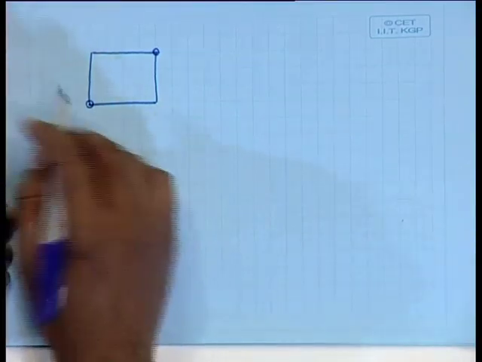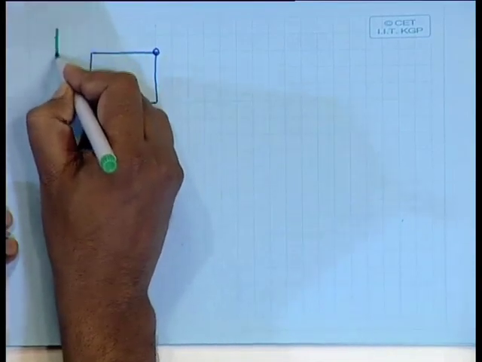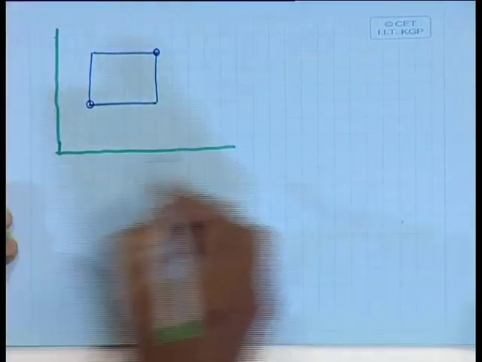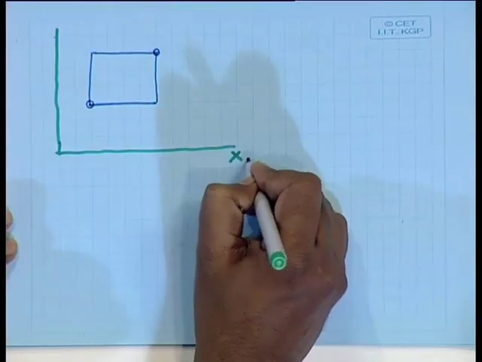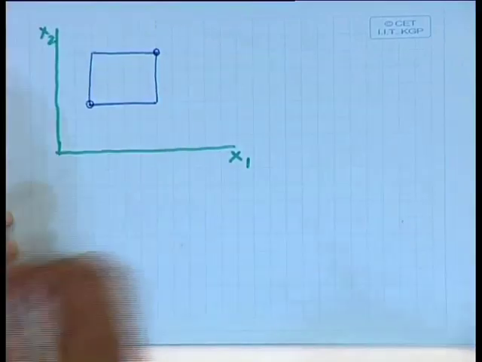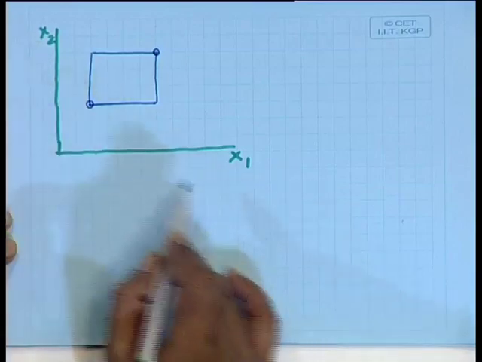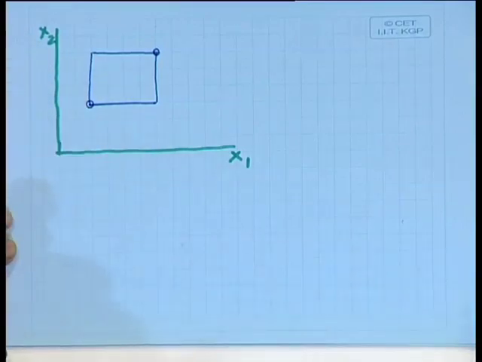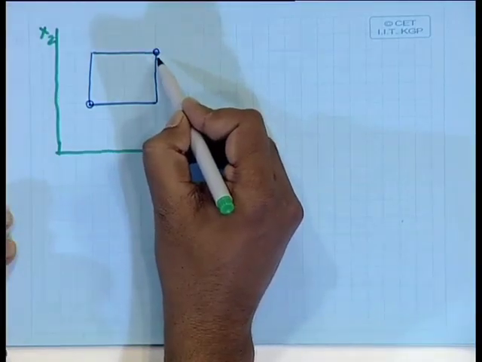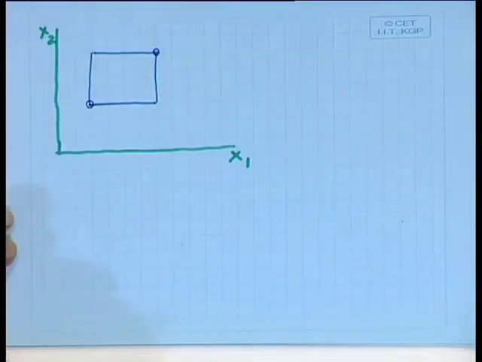So, if I plot it against our conventional 2-dimensional coordinate system, this is my x1 feature, this is the x2 feature. Okay. You find that corresponding to this left bottom point, both the features x1 and x2 are minimum. Okay. Similarly, corresponding to this top right point, both x1 and x2 feature values are maximum.